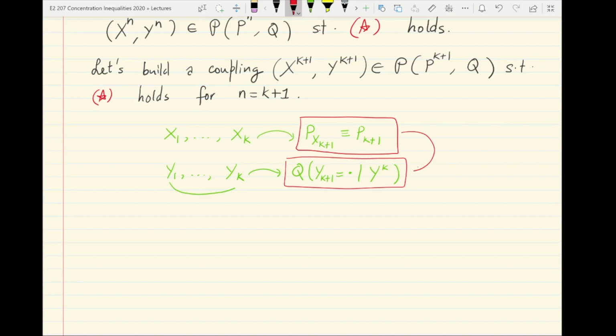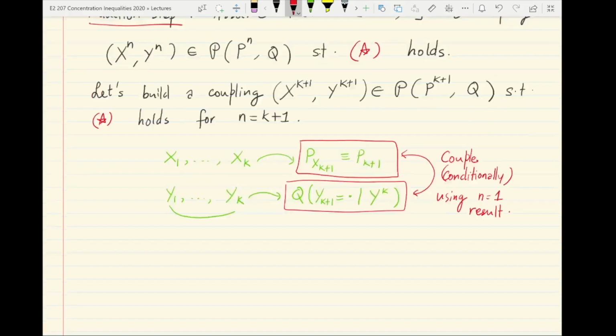So we couple conditionally, because we are conditioning on y 1 through k here, using the n equal to 1 result.